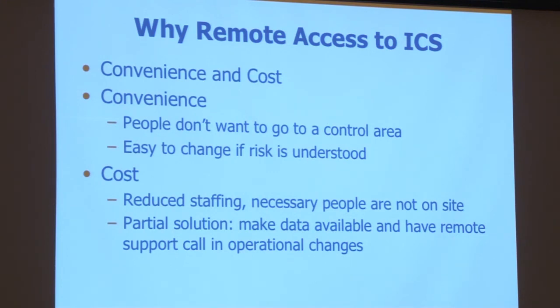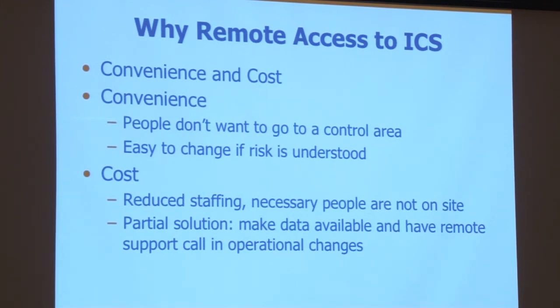I'd like to say I have the perfect solution to this, but I really don't. One partial solution is to go back to our monitoring example and push the data out to them, the data that they need. And then they can look at it, and then they oftentimes can call someone in the control room and tell them what to do, and then watch the change. And we've actually found for most organizations, this will address a large percentage of the remote access.